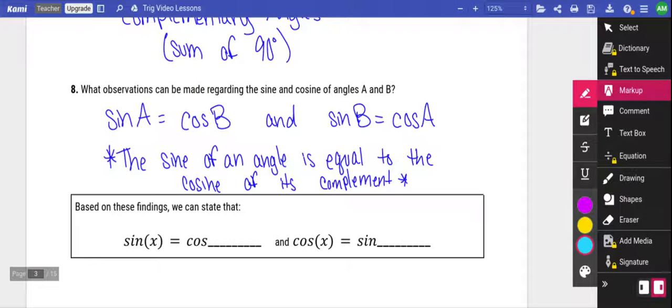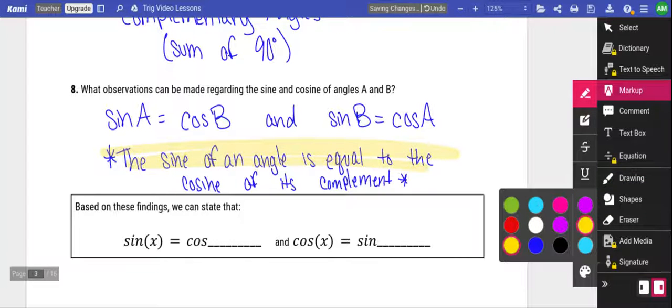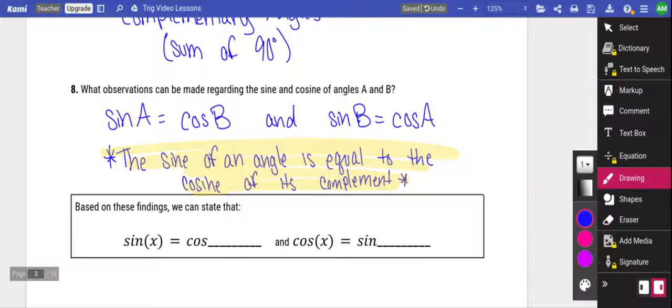And that's a super important phrase we're going to use this lesson.